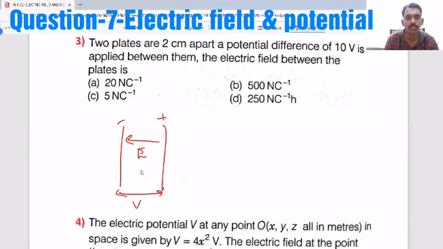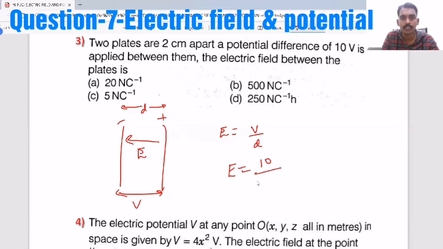Then the distance between the plates, if you consider D, then E equal to V by D, or V equal to E into D. That is the relation we have seen for a constant electric field, because between the two charged plates the electric field is always constant. Now they are asking E. V is 10, D is 2 centimeter, which means 10 power minus 2, so it will become 500 Newton per Coulomb.